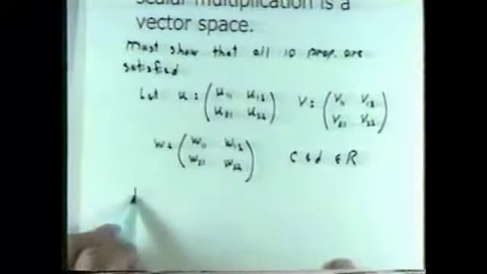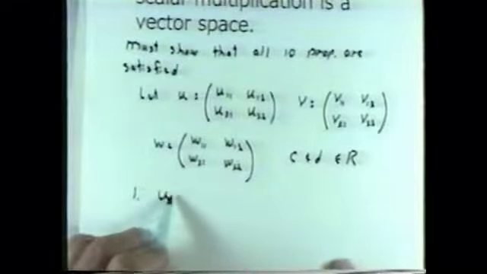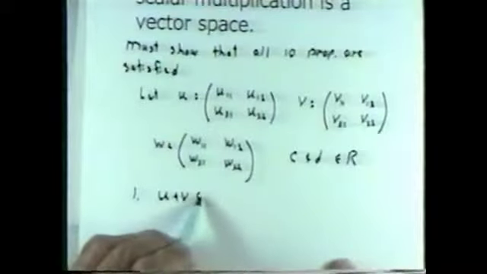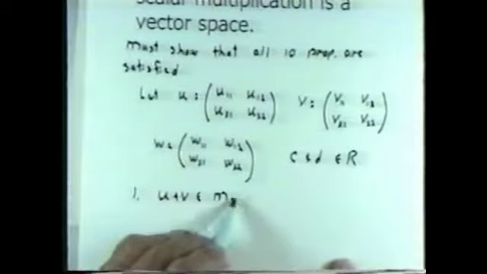Well, the first property is closure. So we have to show that u plus v is an element of M22.